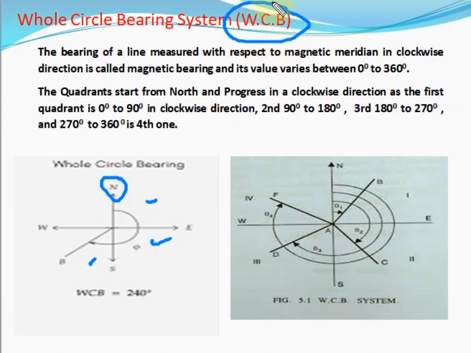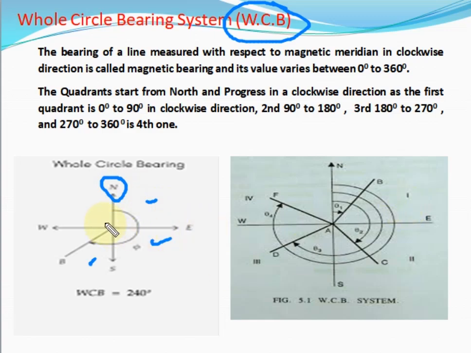Again I repeat this definition: if you measure the horizontal angles with respect to north to the survey line in clockwise direction, that is the whole circle bearing.